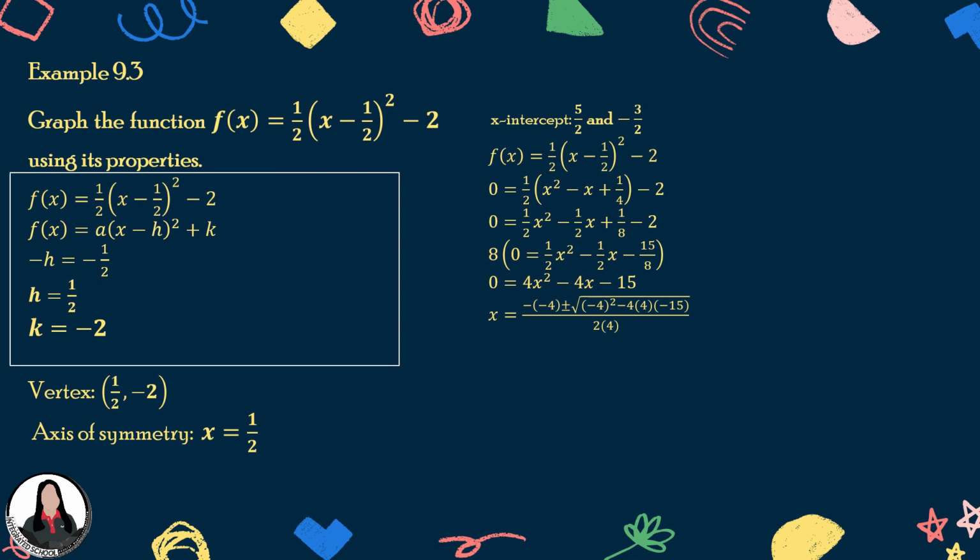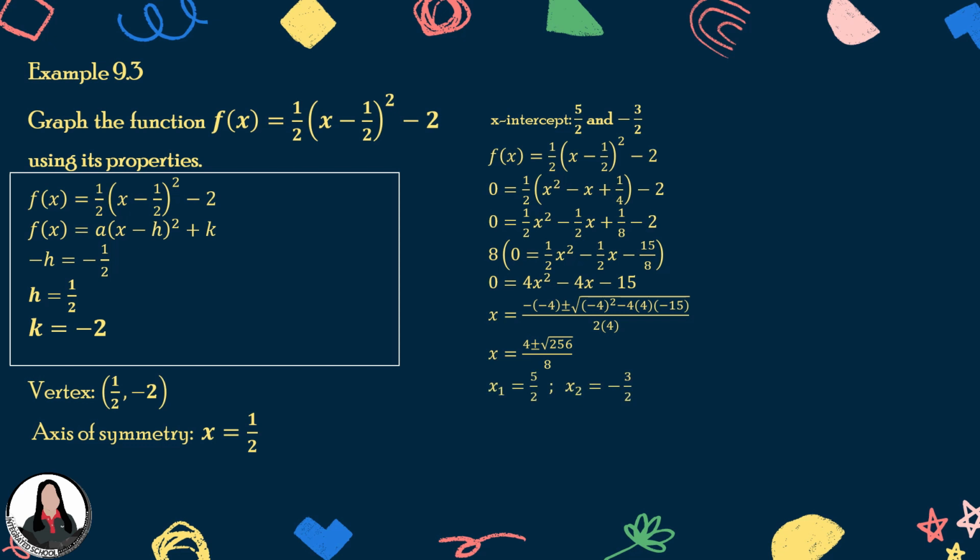So, by this, ay gumamit ako ng quadratic formula. And I substituted the values of a, b, and c. So, yun ay yung 4, negative 4, and negative 15 respectively. And substituted it sa ating quadratic formula. Okay, so, substituting and simplifying, we have x equals 4 plus or minus square root of 256 all over 8. Okay?